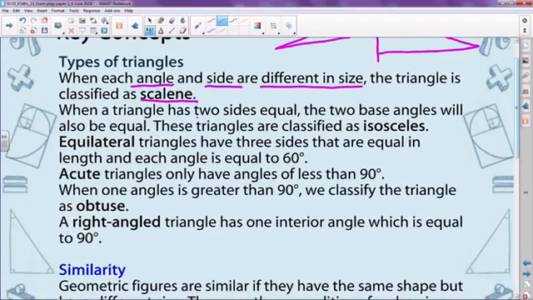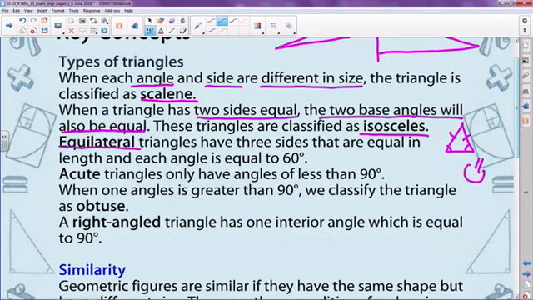When a triangle has two sides that are equal, the two base angles will also be equal. Can you remember what these are called? They're called isosceles triangles, and those are really useful because if we know that those two sides are equal, we know that those two angles are equal, and then it makes our life easier.